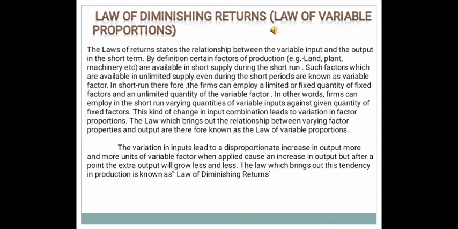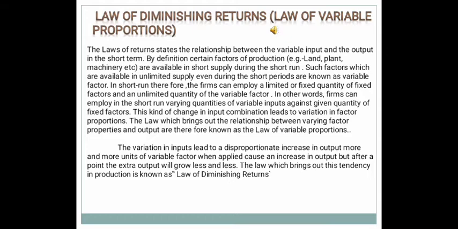In other words, the firm can employ in the short run varying quantities of variable inputs against a given quantity of fixed factors. This kind of change in inputs combined leads to variation in factor proportion. The law which brings out the relationship between varying factor proportions and output is therefore known as the law of variable proportion. The variation in input leads to a disproportionate increase in output.